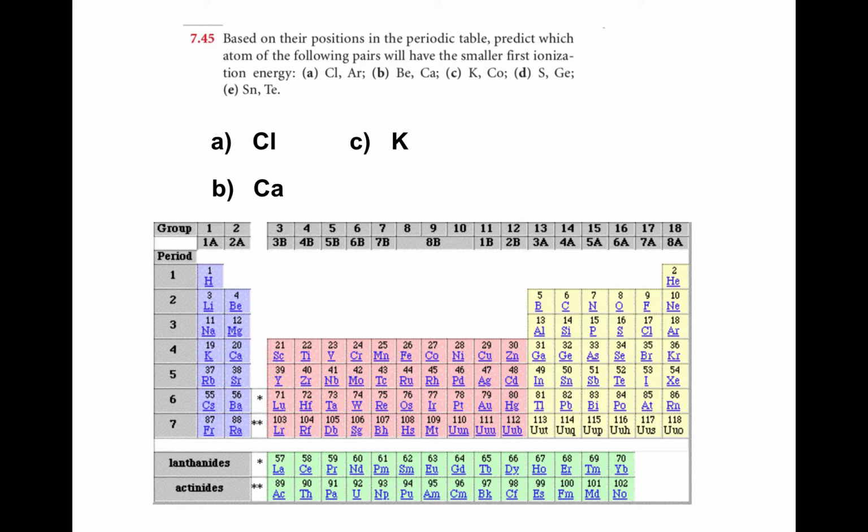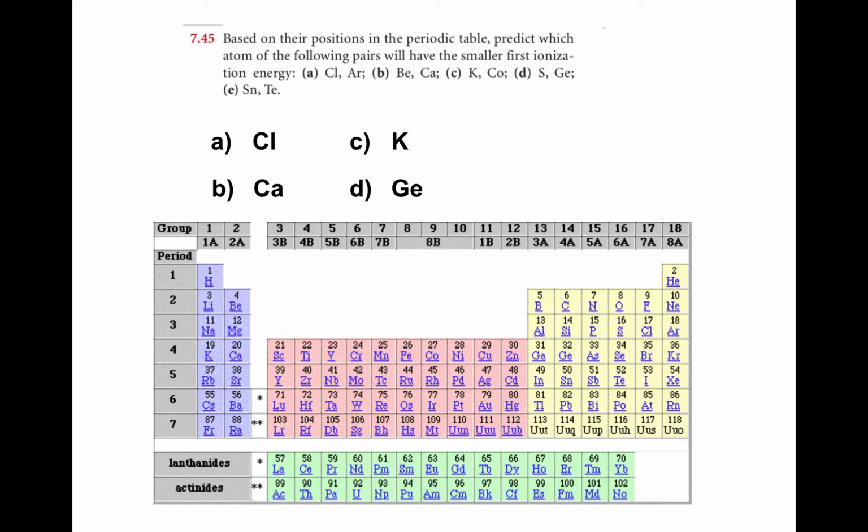Sulfur has both things working for it. It's shifted further over in a period, so more proton pull, and it's less shielded. A neon core as opposed to an argon core. So germanium would have the larger first ionization energy.